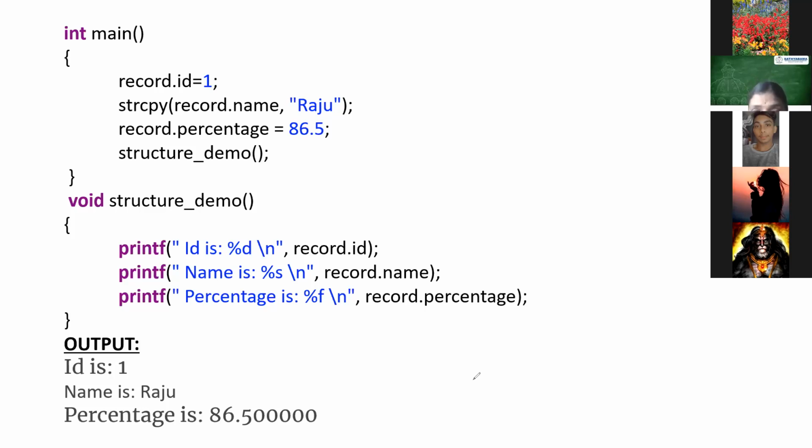For call by value and call by reference, we declare the structure variable inside the main function. But whenever we declare it outside the main function, we make it a global structure. A global structure.